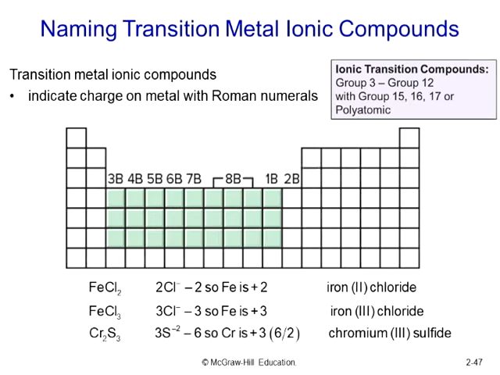In the case of chromium, it is chromium 3 sulfide because the 3 was shared from the chromium. You do not have to tell the charge on the anion portion, on the negative portion. You only tell the charge on the cationic portion. So you do well to practice this concept.